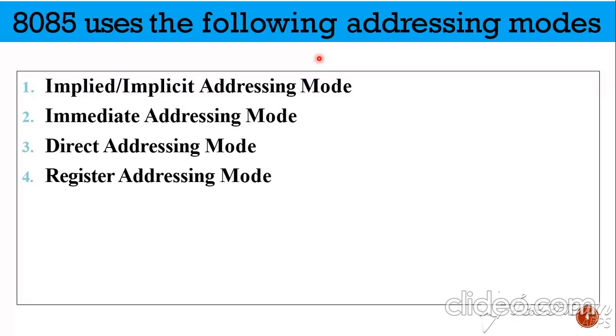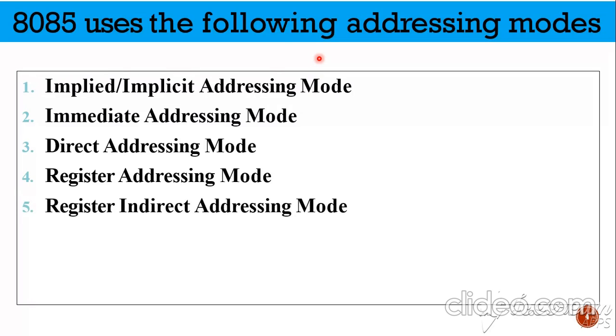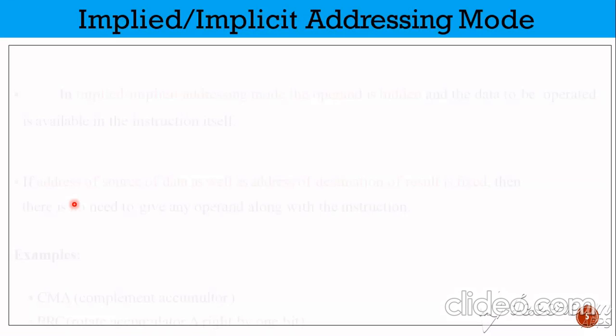Register addressing mode, where the contents to be operated on are present in the register, so in the operand itself the register is specified directly. Then register indirect addressing mode, where the content will be in a memory location, and that memory location will be specified indirectly in a register.